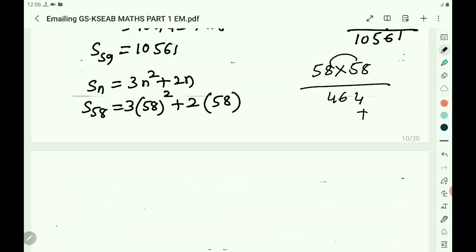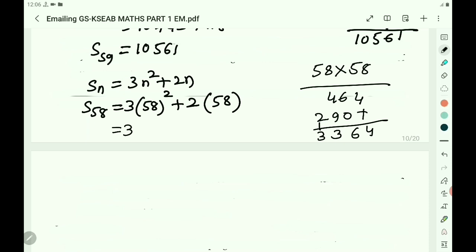Plus 8 5s are 40, 4 carry. 5 5s are 25 plus 4, 29. 4, 6 plus 0, 6. 9 plus 4, 13. So 3364.